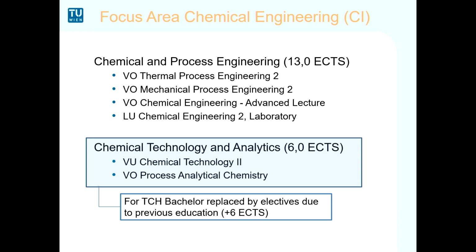In this case, in the technical chemistry bachelor studies, for example, here in Vienna, the subjects of these modules are included, and therefore for entering with a bachelor's degree in technical chemistry, this module is replaced by electives.